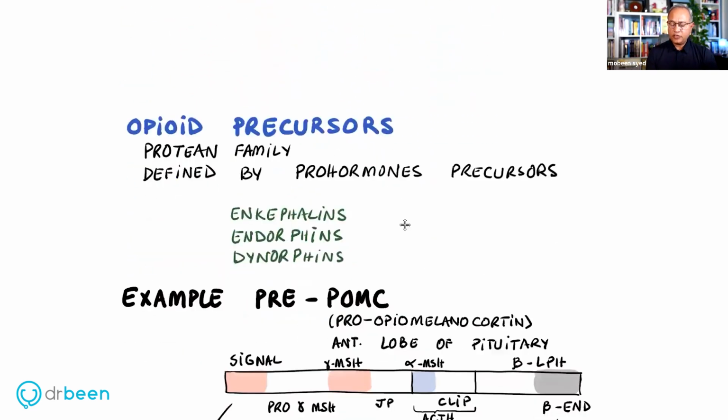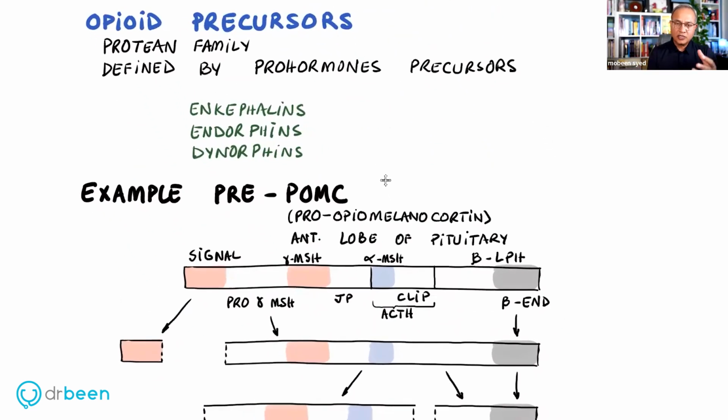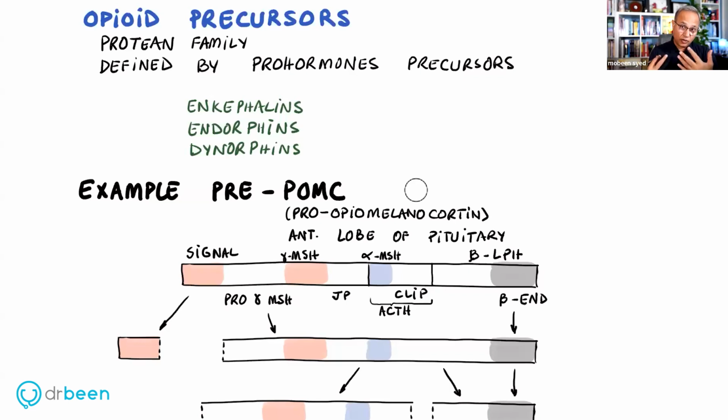Now, I'm going to give you an example of how opioids are processed in our body, how we produce endogenous opioids. Opioid precursors usually are pre-pro hormones. That means there is a bigger structure that has to be processed twice to finally produce an opioid molecule. So opioid precursors are a protein family.